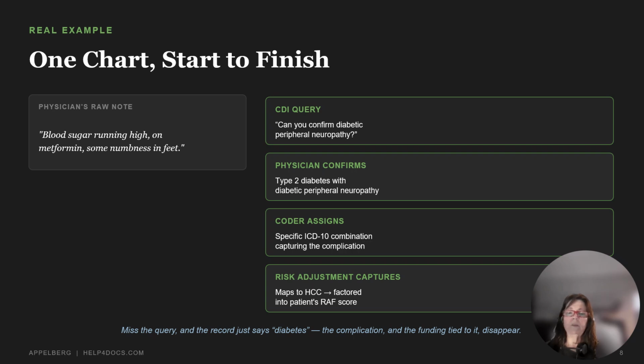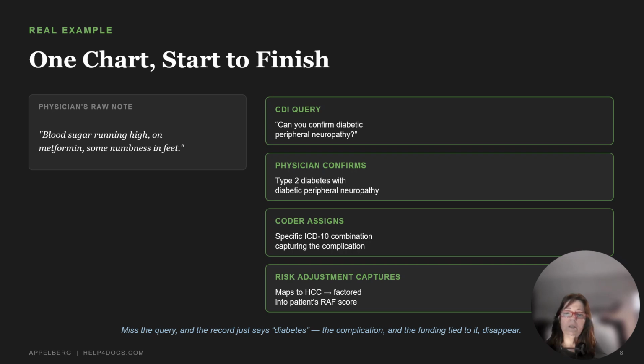So now this is where the coder gets involved. With that clear documentation, the coder assigns the specific ICD-10 codes that capture diabetes with the neuropathy complication. So it's not just a generic diabetes code, but the combination code that reflects the true complexity of this patient's condition.